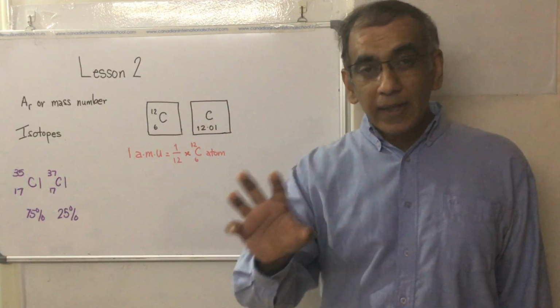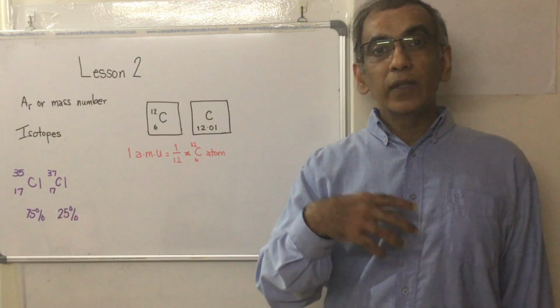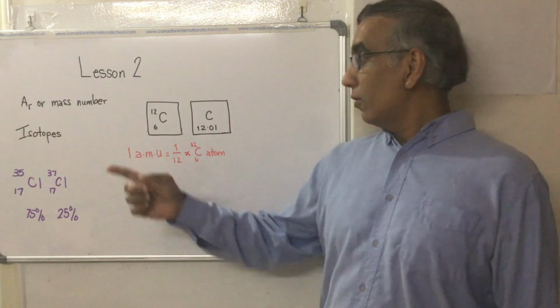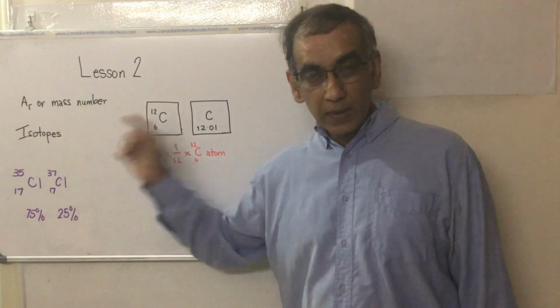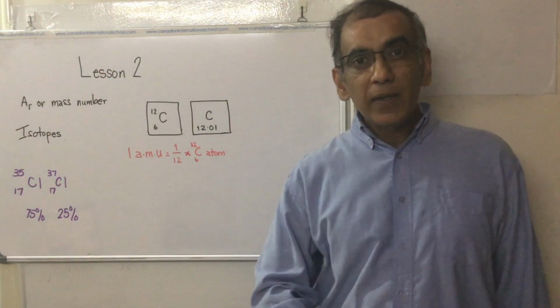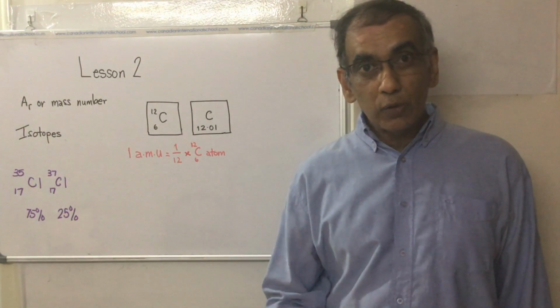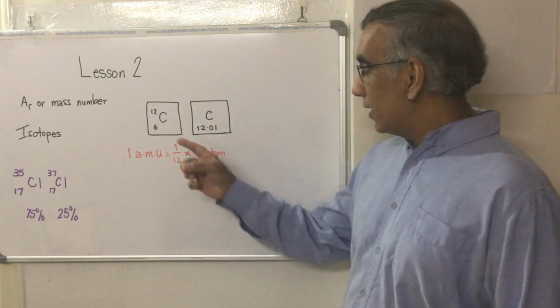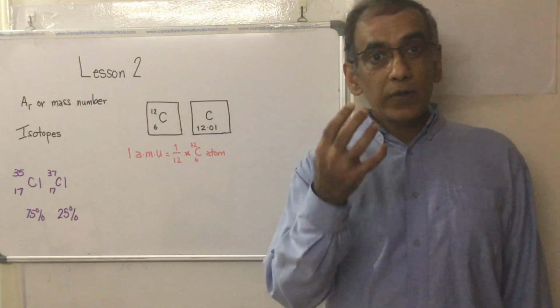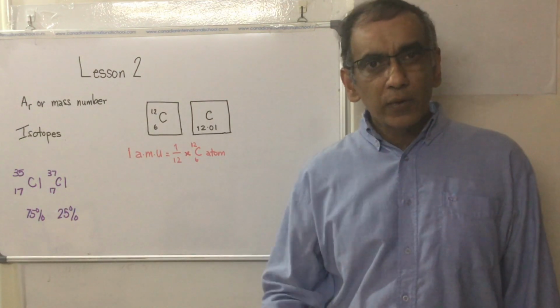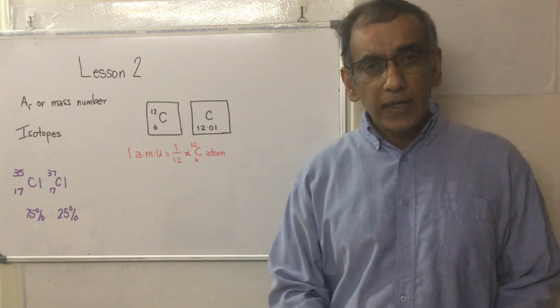There are different atoms of the elements, or different forms of the elements, or different isotopes of each element. By far the most abundant isotope of carbon in the world is carbon 12. But you've also got carbon 13 and carbon 14 and small amounts of other isotopes.